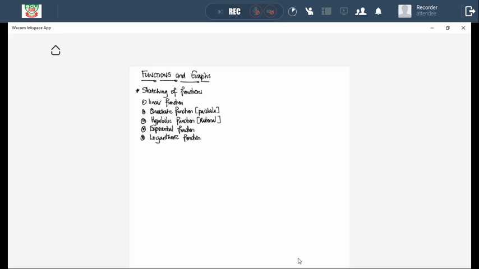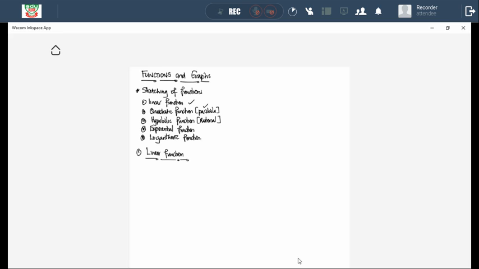Okay, these are the functions that I'm going to be sketching under this section. Okay, right. I'm going to start with the first one, which is a linear function. In this lesson, I'm only going to be looking at the linear function and the quadratic function. Okay, right. I'm going to start with the linear function.